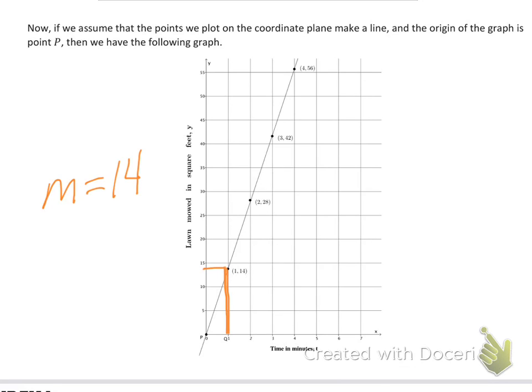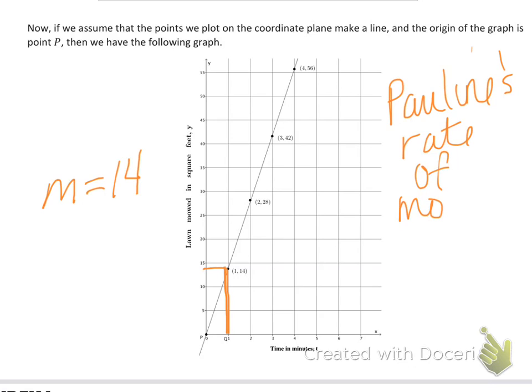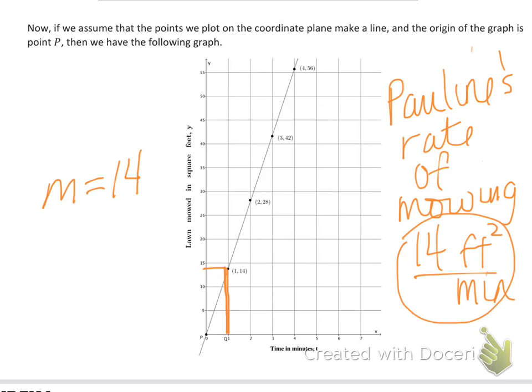And her unit rate, Pauline's rate of mowing, is 14 square feet per minute. So 14 square feet in 1 minute. So it's 14 per minute, and the slope is 14.